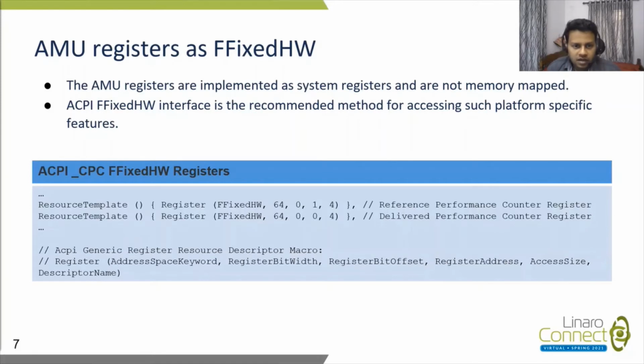In this case, the delivered performance counter has the fixed hardware address of 0, and the reference performance counter has the fixed hardware address of 1, and the mainline kernel has support for handling the delivered performance address as well as the reference performance address in the fixed hardware address space.